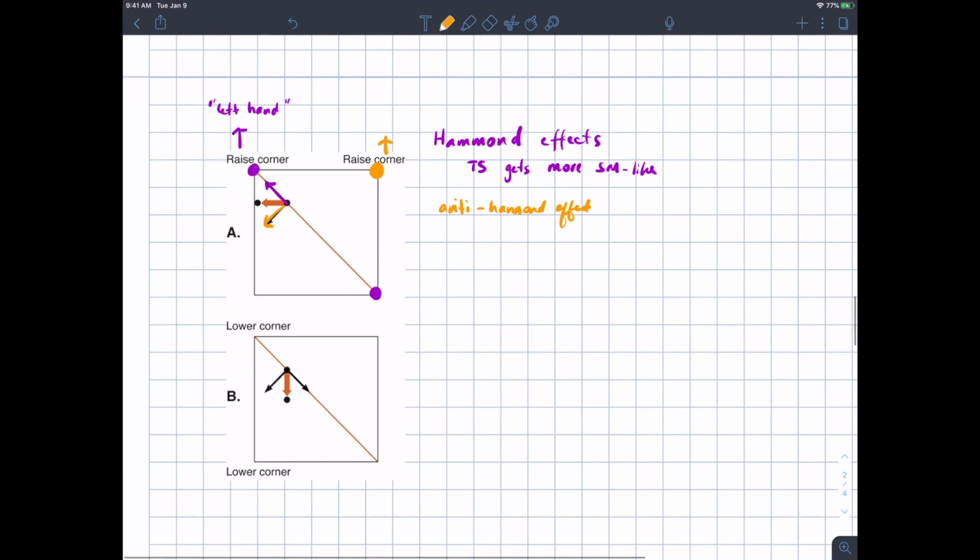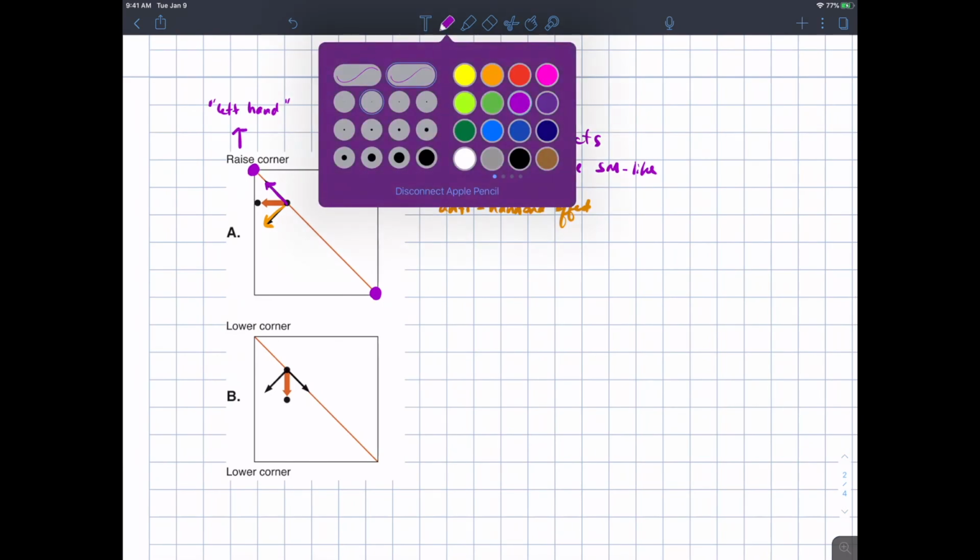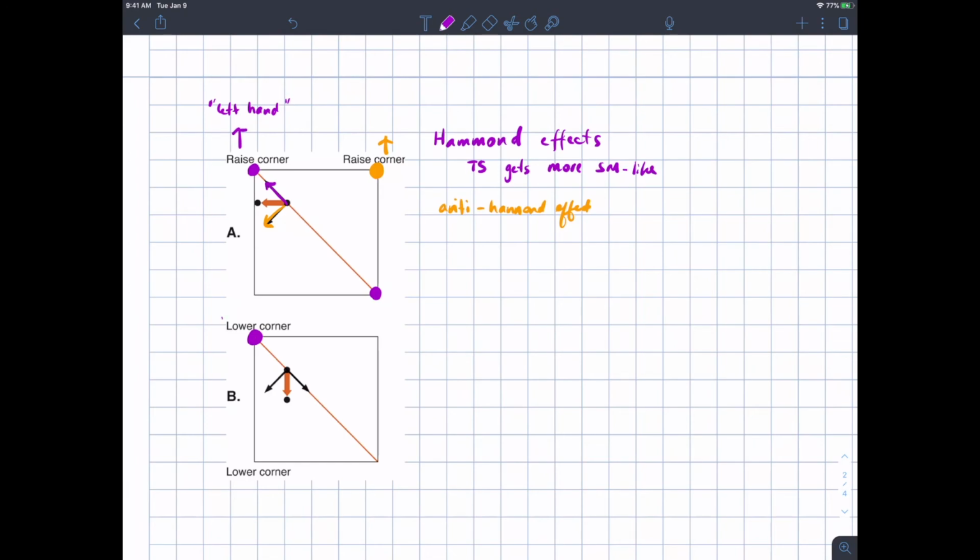Similarly, if we stabilize the starting material, that's going to make the starting material farther away in energy from the transition state, and so the transition state will be less starting material-like, and it will be later, and so it's going to move the transition state forward along the reaction coordinate.